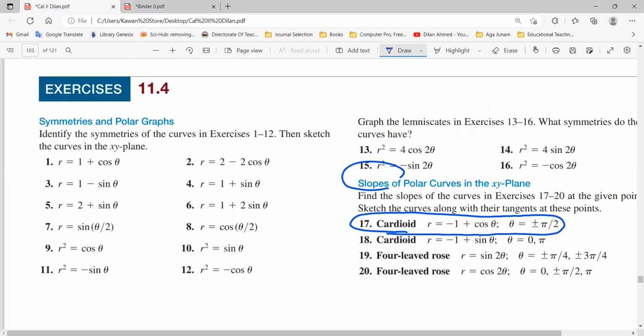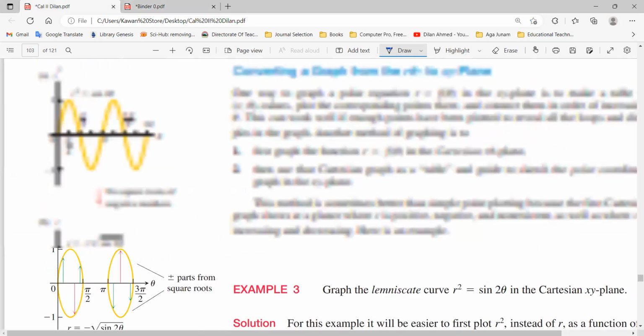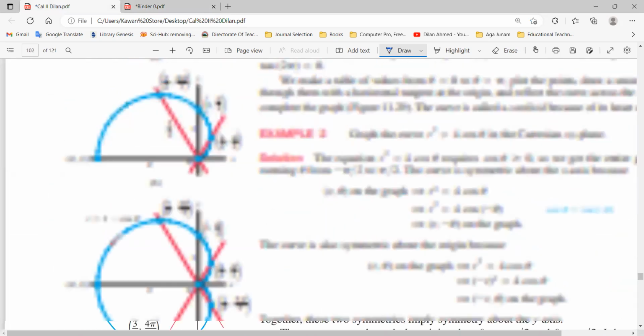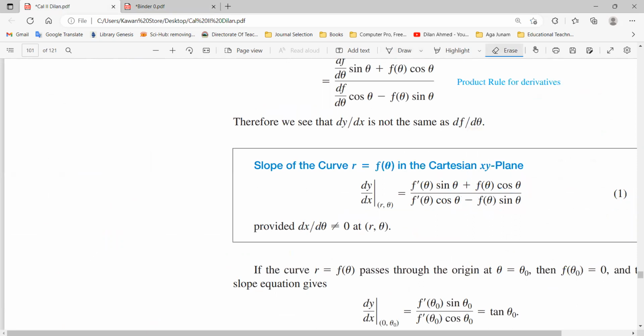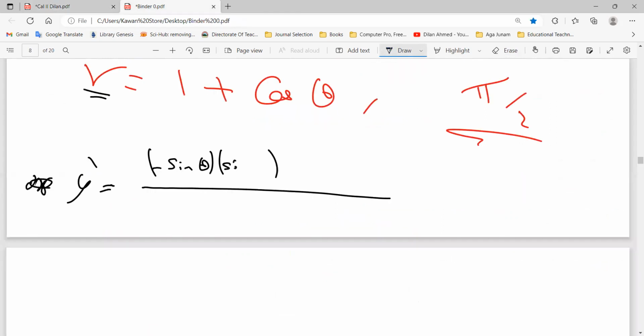The rule: sine. No, sine, careful. It's okay if you make a mistake today, because it's the first time. So you have sine, that is the rule, plus f itself multiplied by cosine theta.